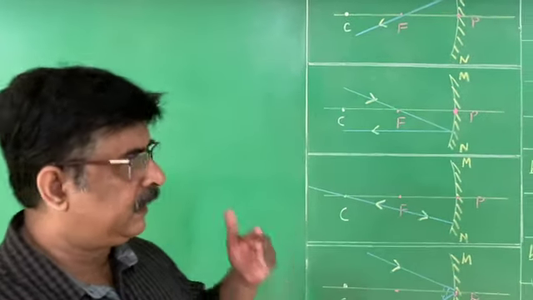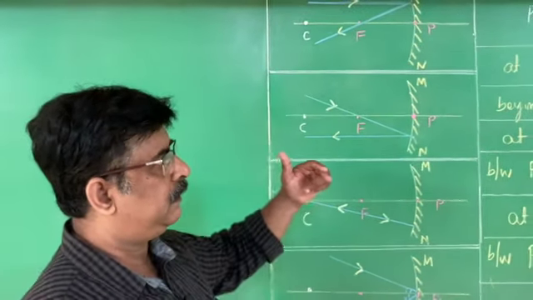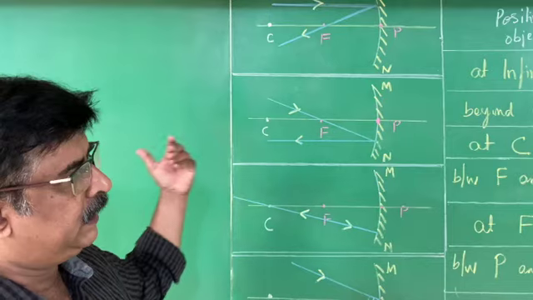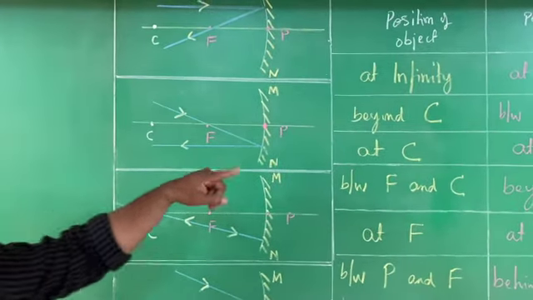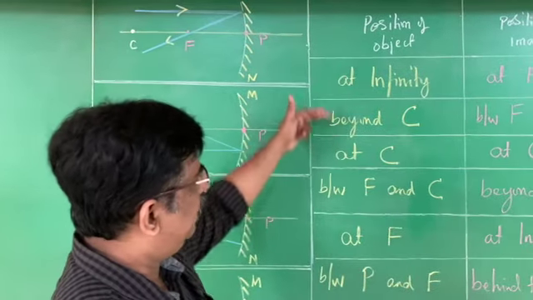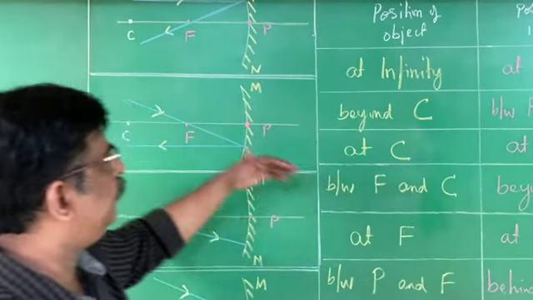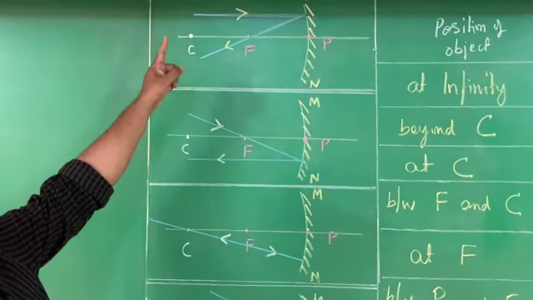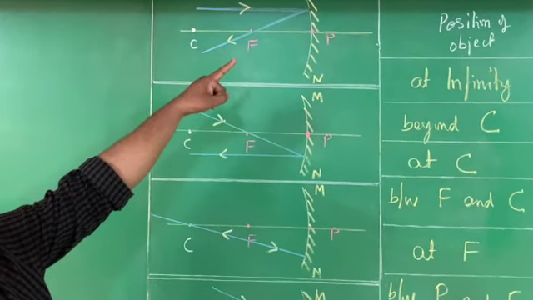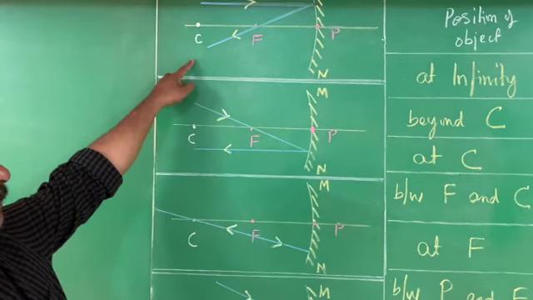We completed three different places where the object is placed: at infinity, beyond C, and at C. These three are over. To draw the ray diagram, we use four conditions. First, a ray of light parallel to the principal axis, after reflection, passes through the principal focus.